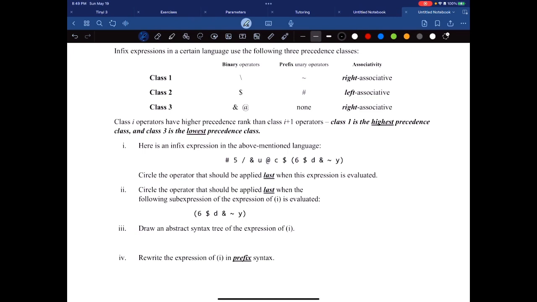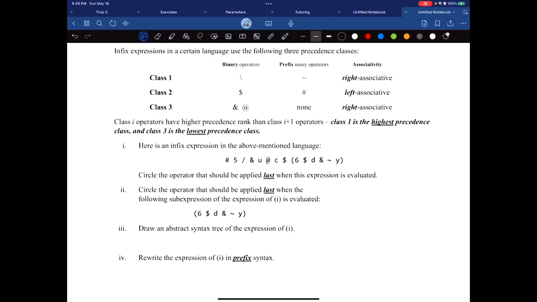Class 2, we have a dollar sign and a hashtag, which are both left associative. And class 1, we have a divide and a tilde sign that are both right associative. The first question asks, here's an infix expression in the above mentioned language. Circle the operator that should be applied last when the expression is evaluated.